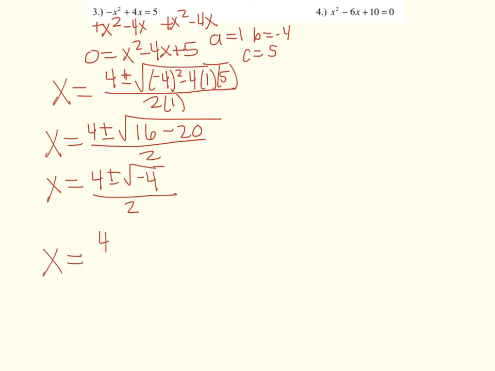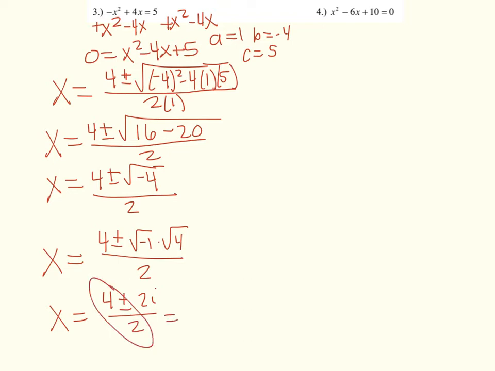So 4 plus or minus the square root of -1 times the square root of 4 over 2. So x equals 4 plus or minus 2i over 2. So we can reduce both fractions, and we'll have 2 plus or minus i as our solution. So in example 3, the solutions are imaginary.